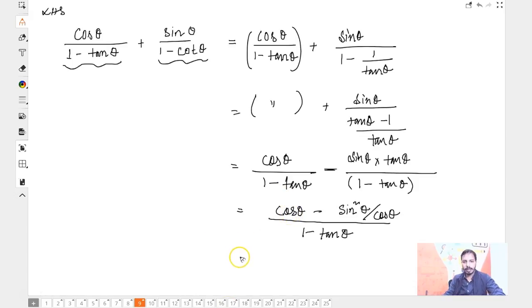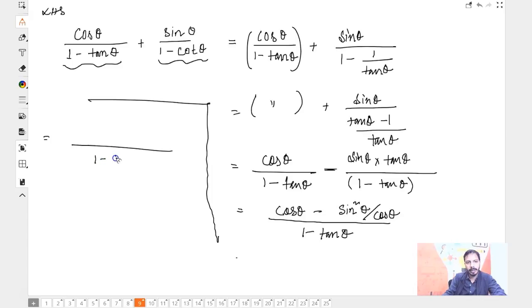Now keeping the denominator here, so guys I'm going this side now. Okay, so now keeping the denominator as 1 minus tan theta, I'm trying to simplify this. So on the numerator I again take an LCM here, and this gives me cos square theta minus sine square theta.